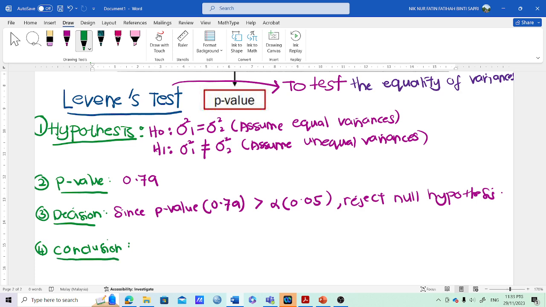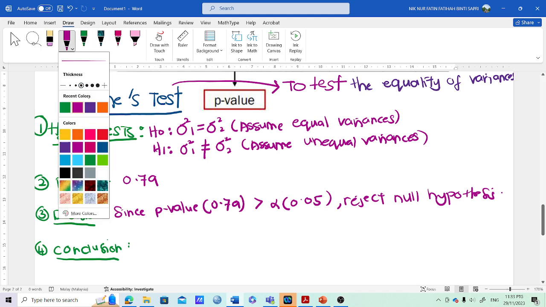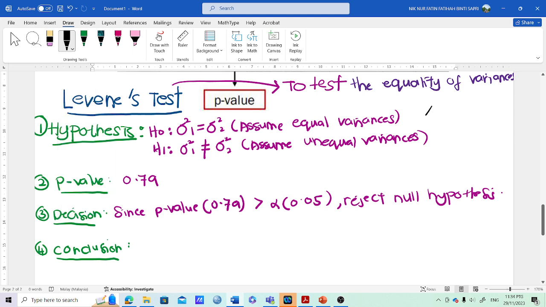What happens if you reject the null hypothesis? This is null and this is alternative. If you reject, it means that you take H1, so the conclusion is assume unequal.